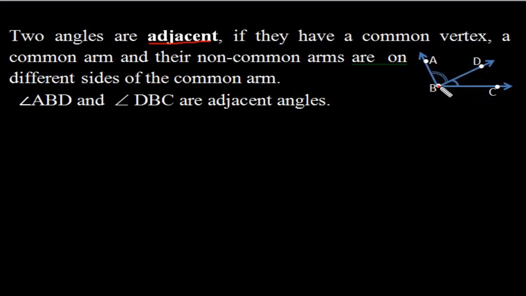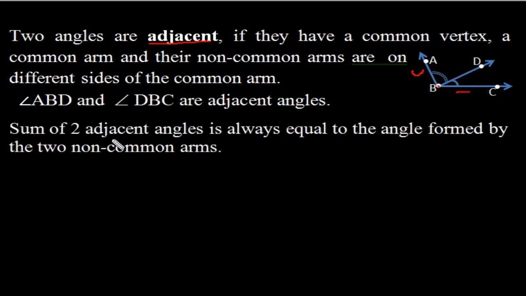In this, BD is common ray, that is common arm for both these two angles. AB and BC are non-common arms of ABD and DBC, but BD is common arm for both the angles. If it is so, then we can say that these two angles are adjacent angles.